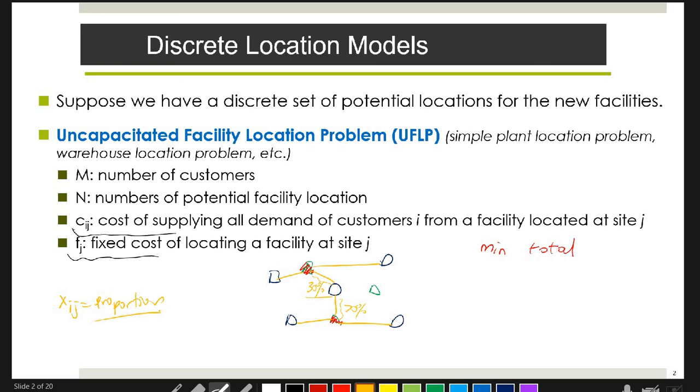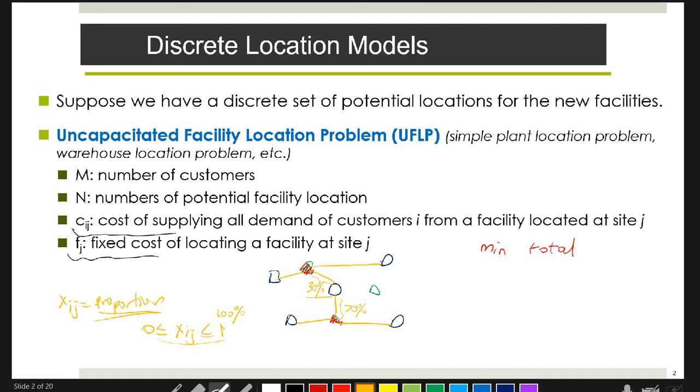But at the end, as a comment, even if we say that it's a proportion, and proportion means it takes values between 0 and 1, where 1 represents 100% and 0 represents nothing, so Xij will be between 0 and 1.